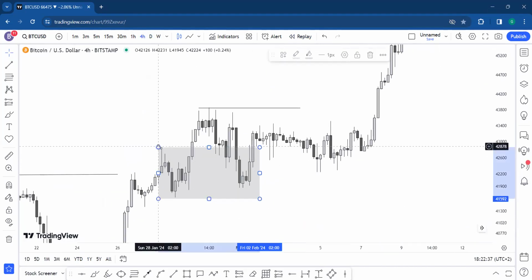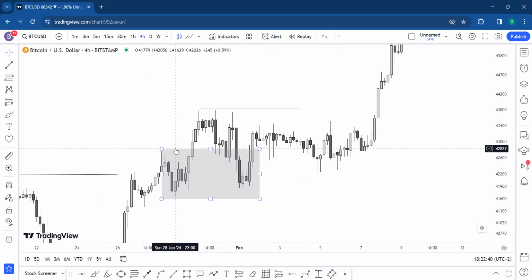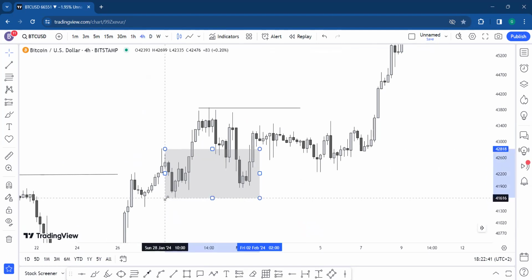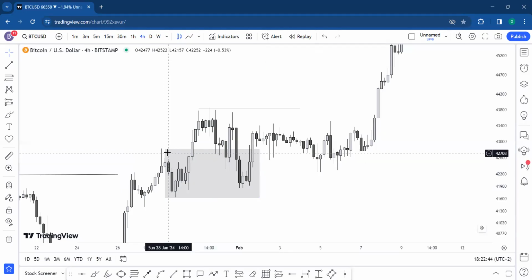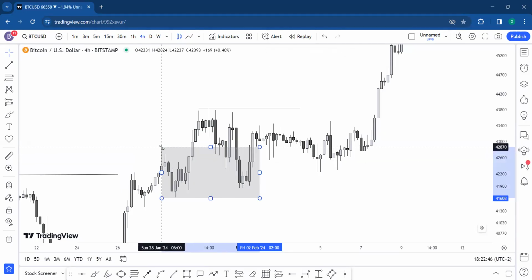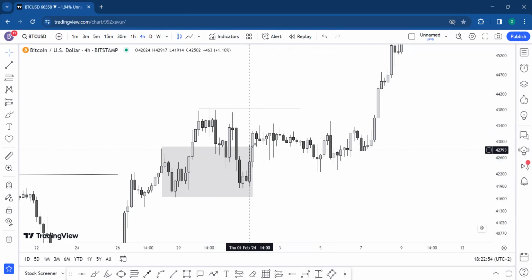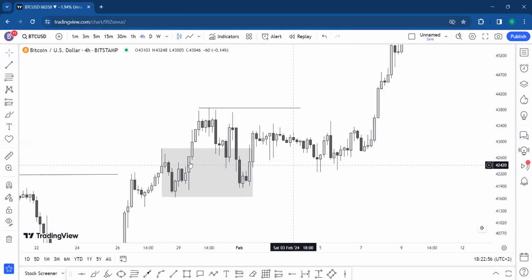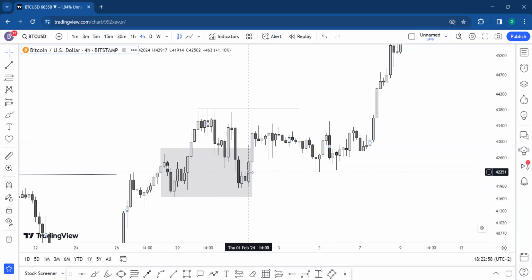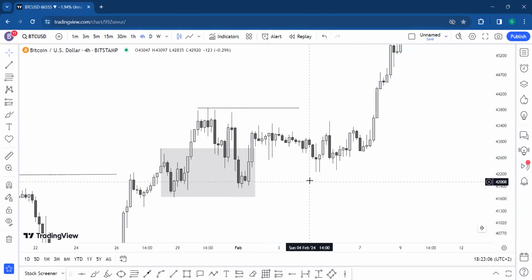As you can see, guys, on H4, this is the last thing that we had. Price comes into this side, goes into deeper levels.